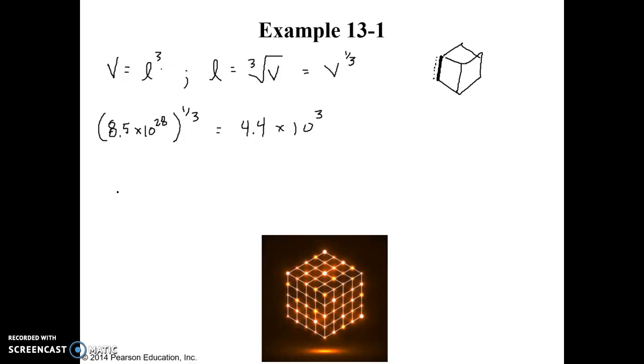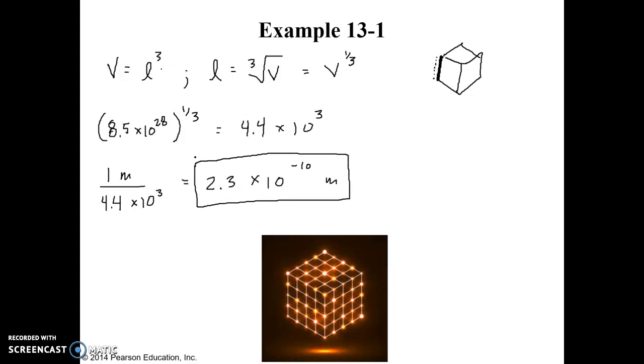Well, if the edge of our cube is 1 meter, then we just have to take that 1 meter distance divided by that many copper atoms, 4.4 times 10 to the third, and we get a final answer here of 2.3 times 10 to the negative 10th meter. That's how far apart the copper atoms in this cube are.